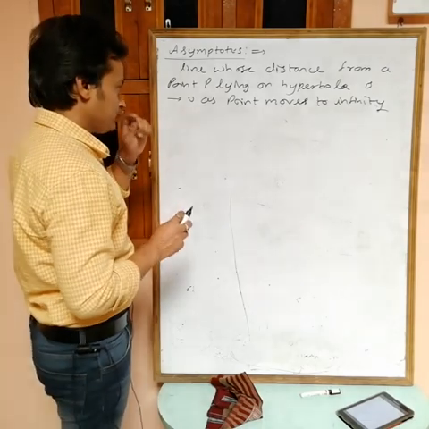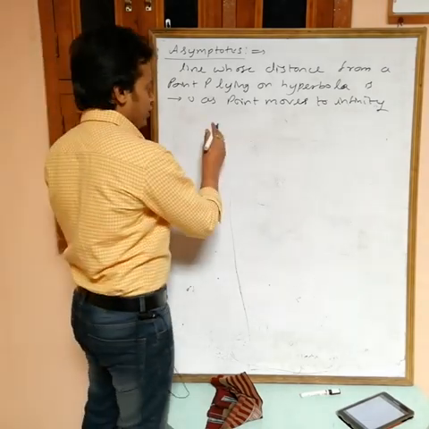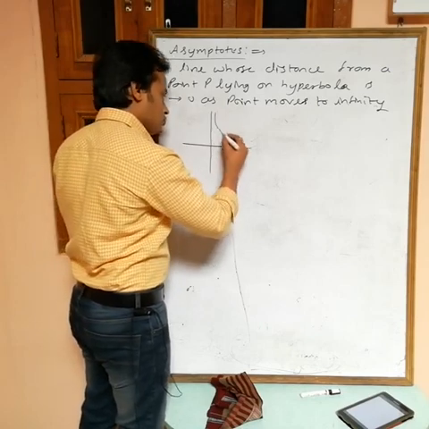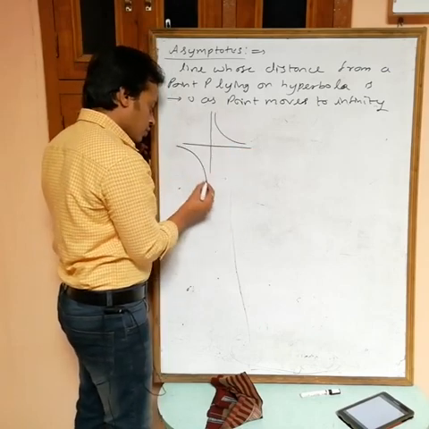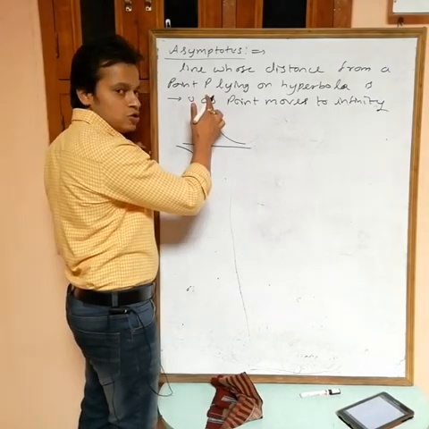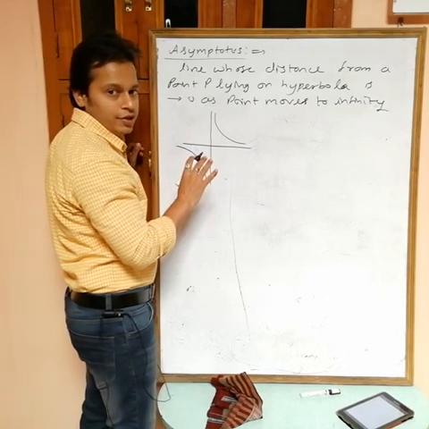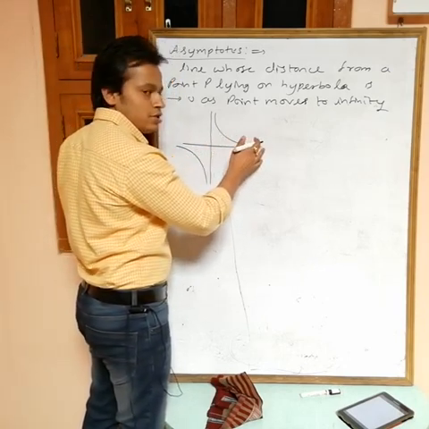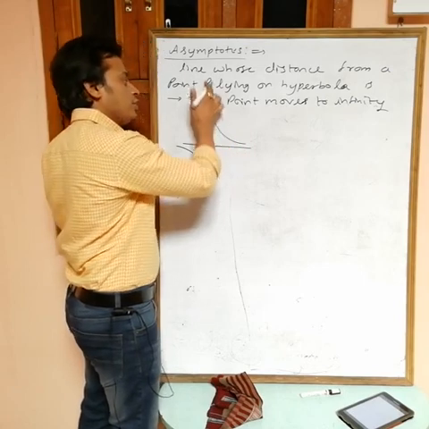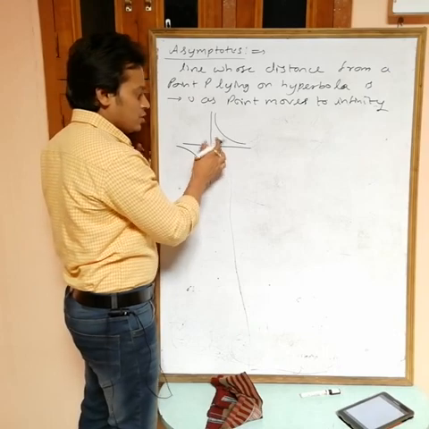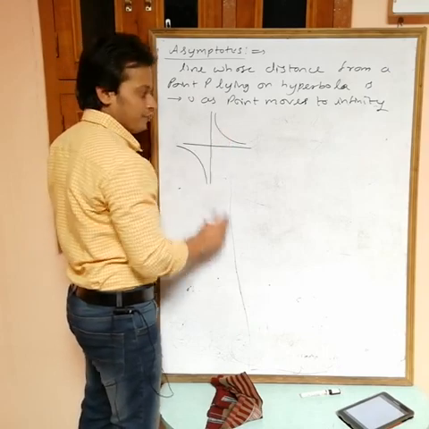Okay. So see, for example, if I take any curve, this is the curve y equals 1 by x. Now for this curve, the x-axis and y-axis both are tangent at infinity. If you move at infinite distance, then this line touches this curve. So these two are asymptotes for this curve.